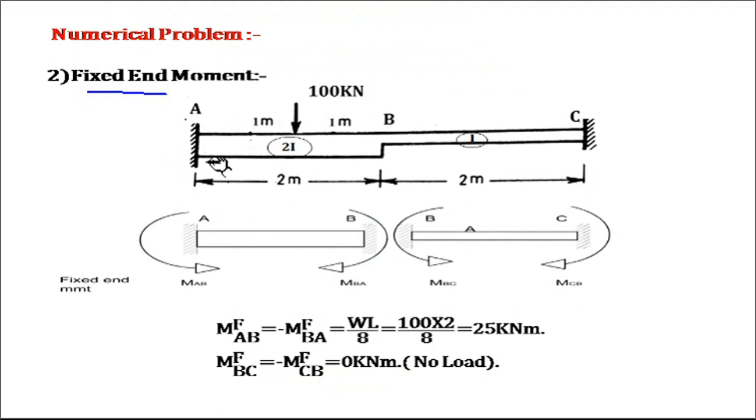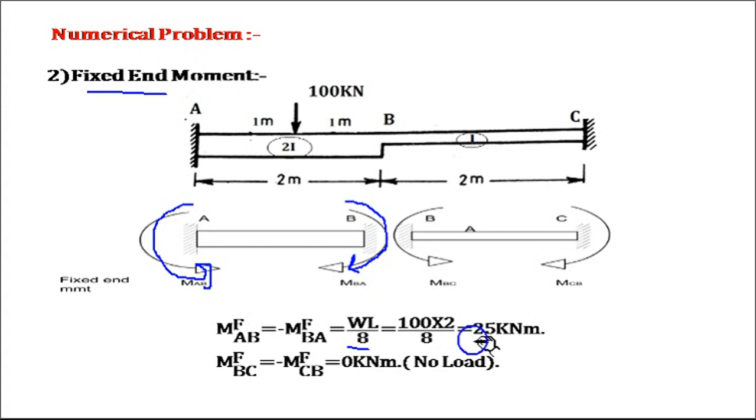Consider member AB subjected to a load of 100 kN at the center. For member AB, the fixed moment will be in the anti-clockwise direction, so it will be positive. For member BA, it is clockwise, so minus. As the load is acting at the center of member AB, the formula is WL by 8. W is 100 and length is 2 meters.